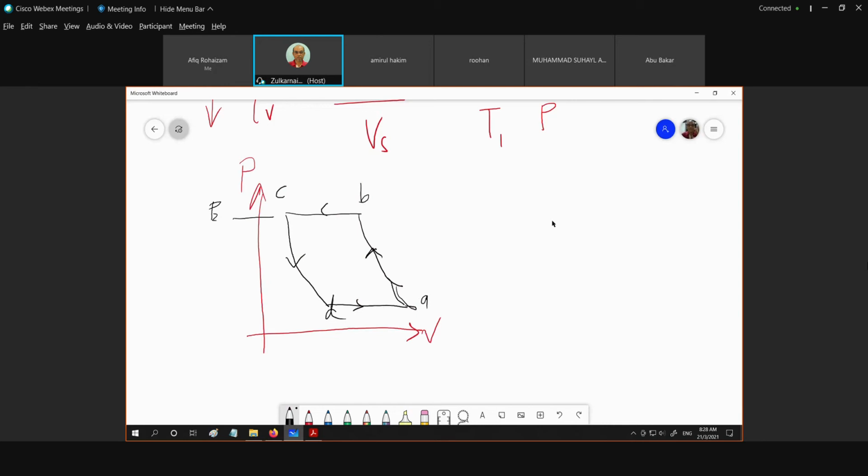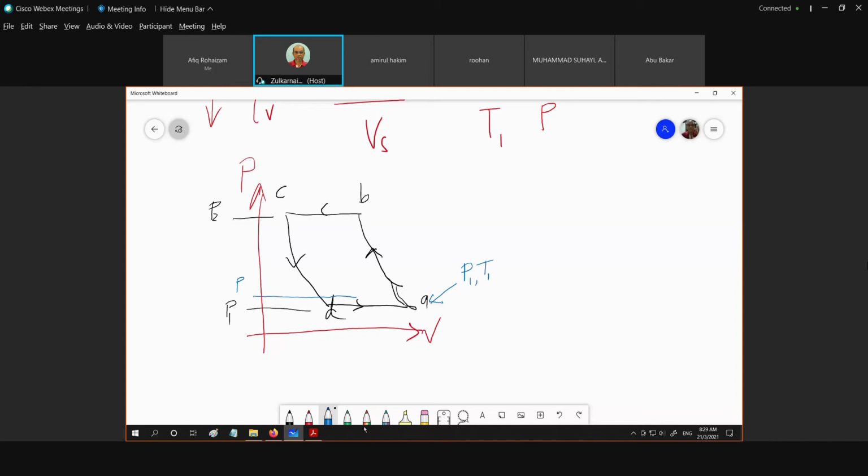Di sini adalah P1. Now, kita ada satu lagi which is P. Cuma taruh macam ni je lah. This is our P. So this is the condition of the location of each pressure. Tapi ingat, the beginning of compression process is always from at A, which is P1, T1.